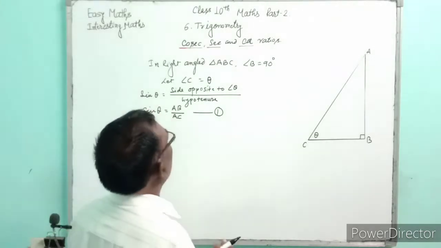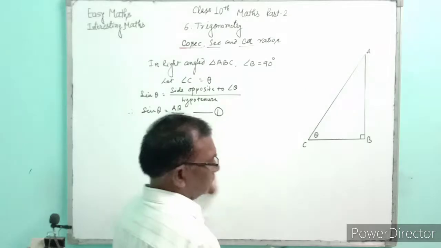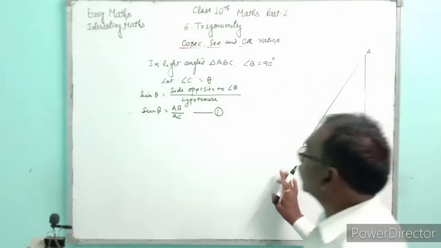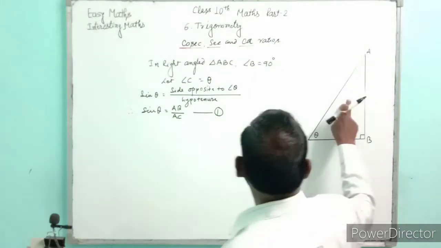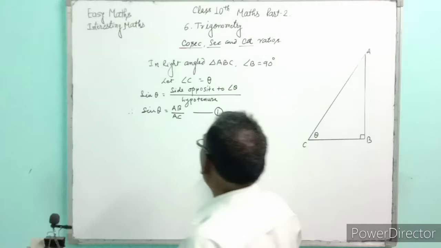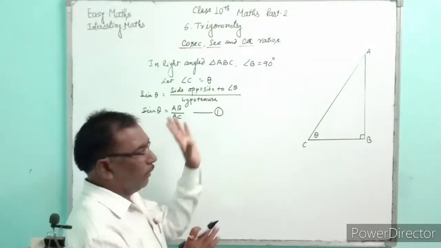sin theta is equal to side opposite to angle theta divided by hypotenuse. This is the sin ratio. Therefore, from this figure, sin theta is equal to AB by AC. We will give this equation number 1.